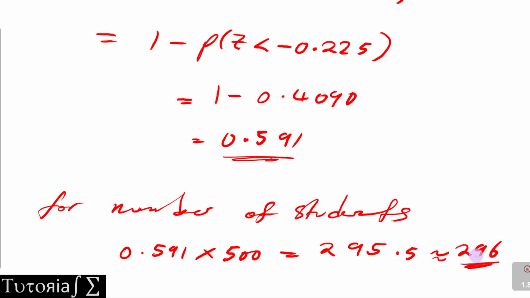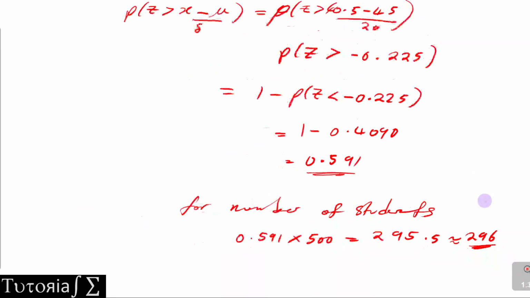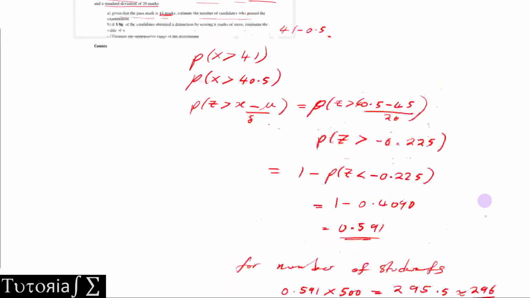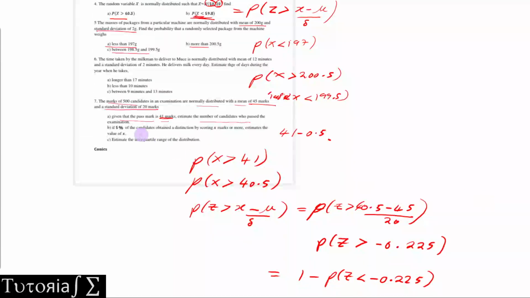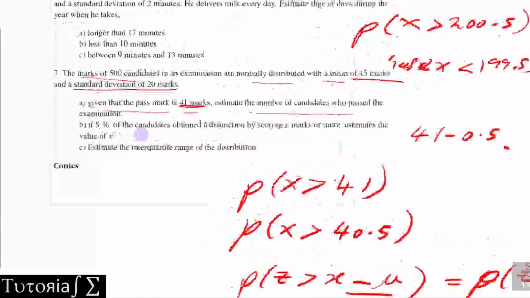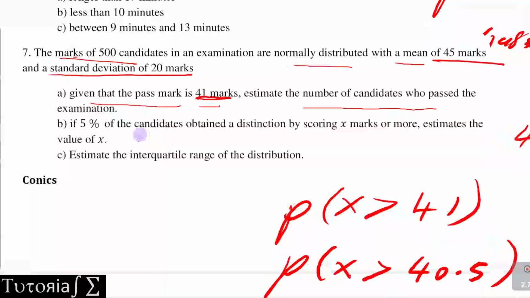Okay, so we round off to the nearest whole number. So that is 296 got above 40, okay, or above 41. So that is the number of students that got above 40.